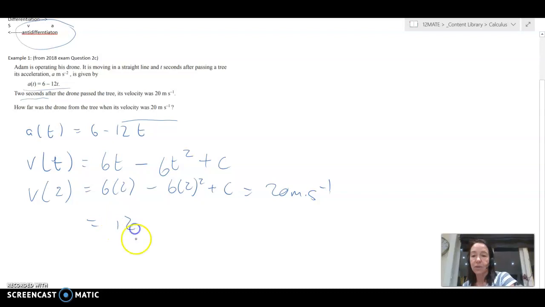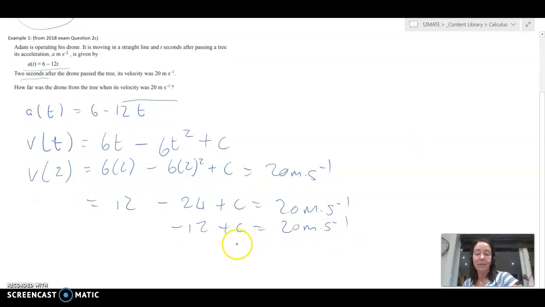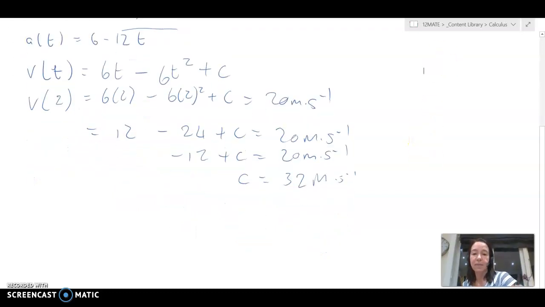So 12 minus I'm just going to actually do the whole thing so I don't make the silly mistake that I did last time. And now I'm just going to add that over there. So C equals 32. And it'll be in meters per second. So I have worked out what C is.